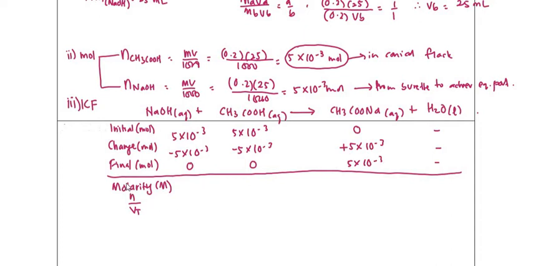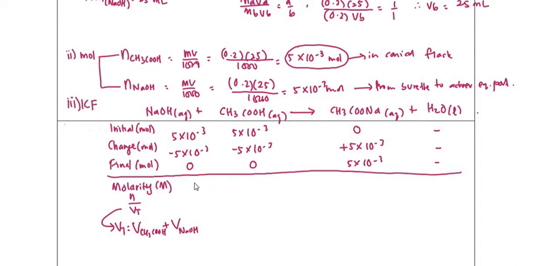Okay, you have to add one row after you draw the ICF table, which refers to the molarity, mole per total volume. Total volume here refers to the volume of acetic acid in the conical flask added with the volume of NaOH that you added at equivalent point.